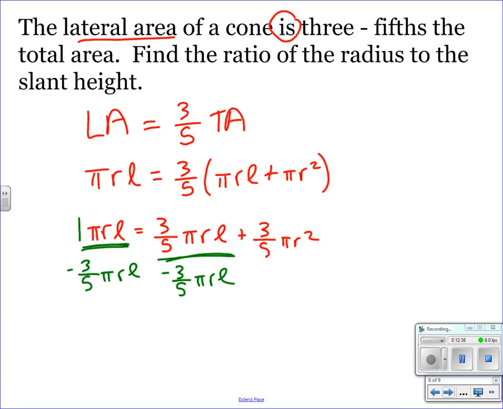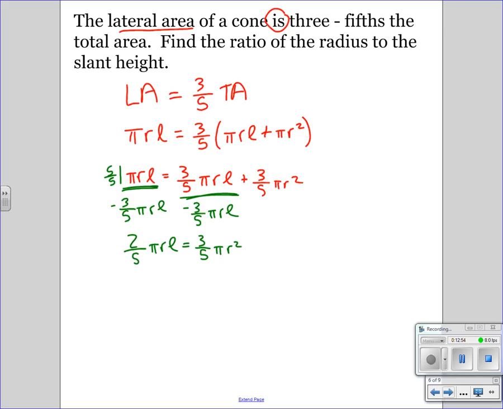So I have 1 minus 3/5, or 5/5 minus 3/5 to get me 2/5. Now let's look at what we have here. I have a pi on both sides. That can cancel out. If I divide both sides by an r, we get that.